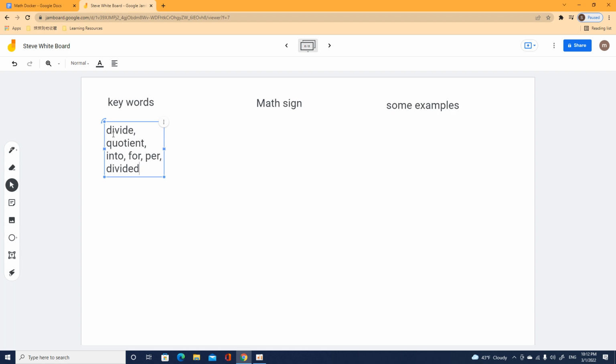Now we go to division. This column is about keywords, this column about the math sign, and this column is about some examples. For division, the keywords are such as divide, quotient, into, for, per, divided by.